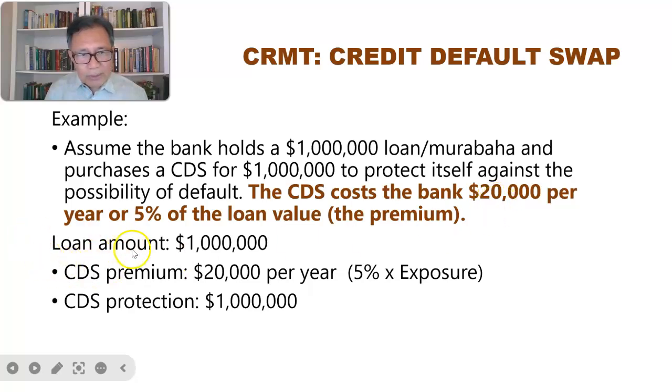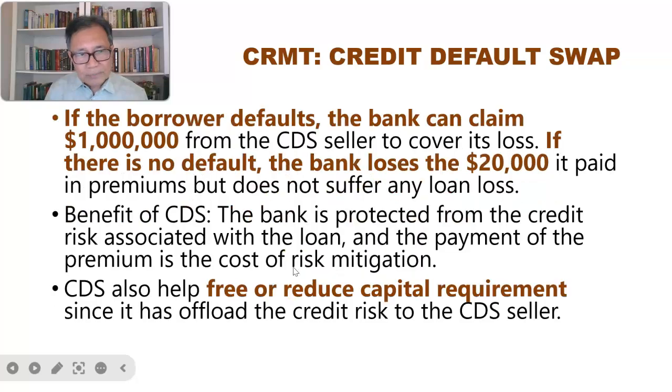So the loan amount to be covered is 1 million. The CDS premium will be 5% times the exposure of 1 million. So total CDS protection is 1 million. So if the borrower defaults, the bank can claim 1 million from the CDS seller to cover its loss.